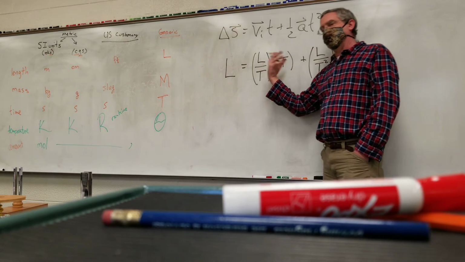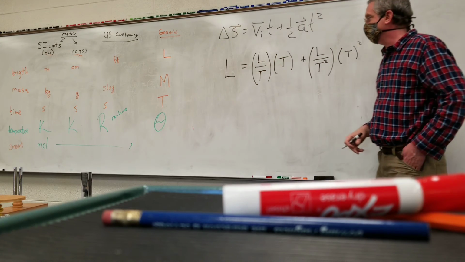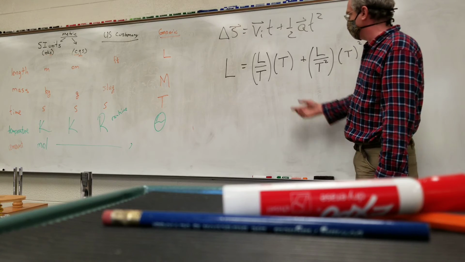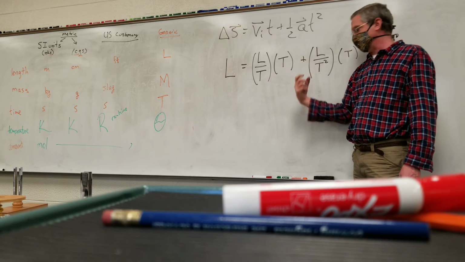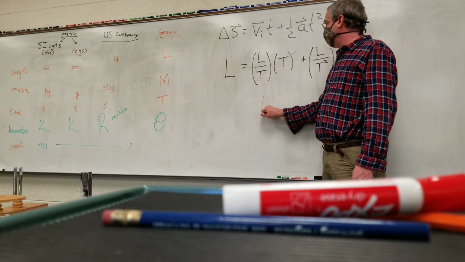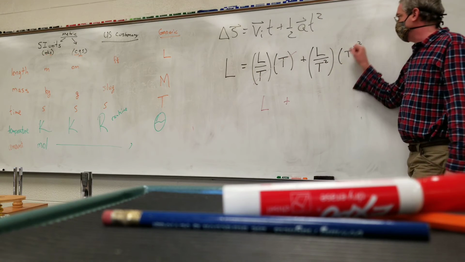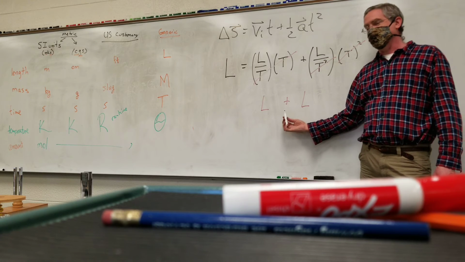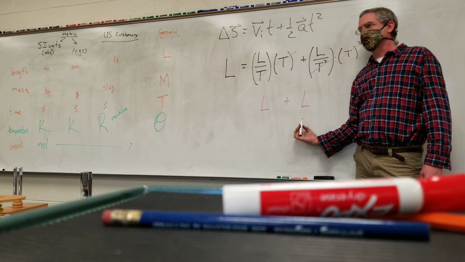Now the left-hand side and the right-hand side should match in the end, and you do it step by step. Order of operations, you do the multiplication first before you do the addition. T's would cancel out, I'm left with L. Over here, T squared cancels out with that T squared, I'm left with L. When I'm adding or subtracting, I better have the same units.